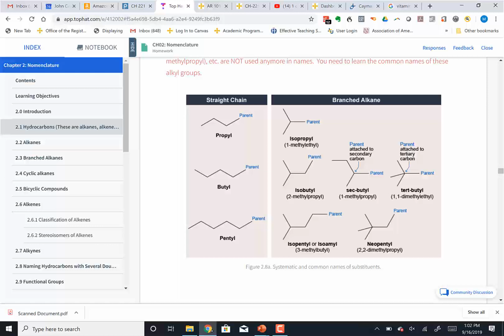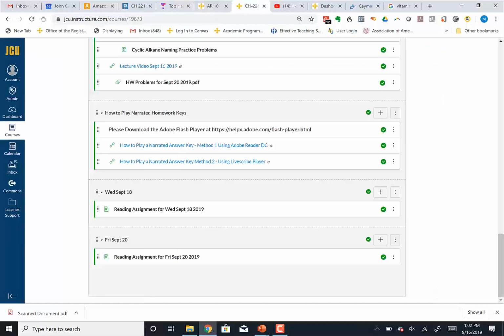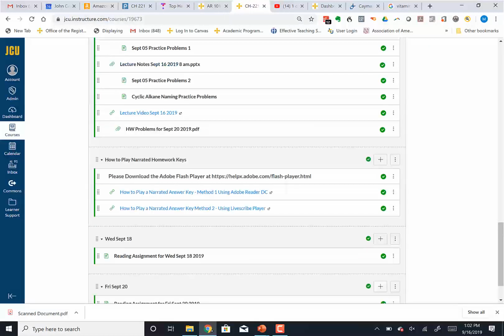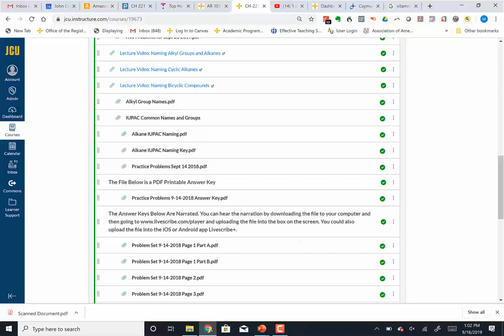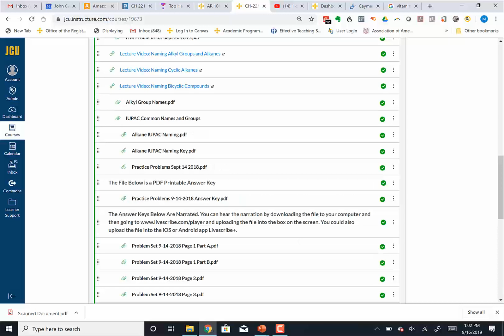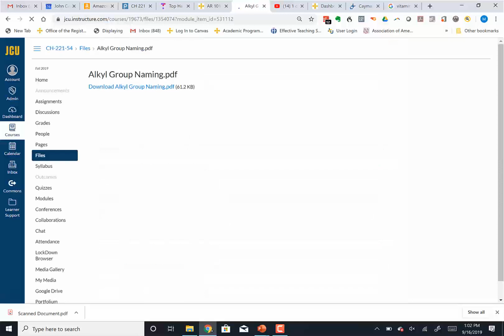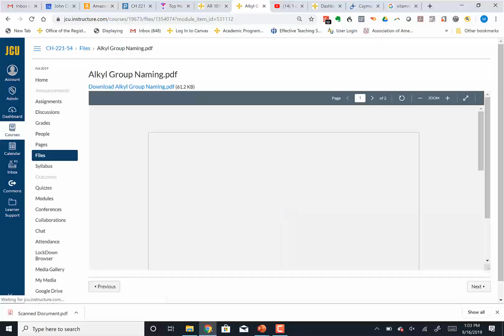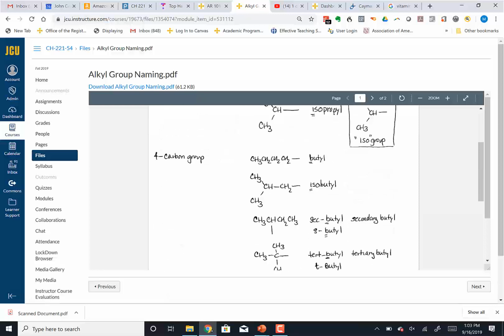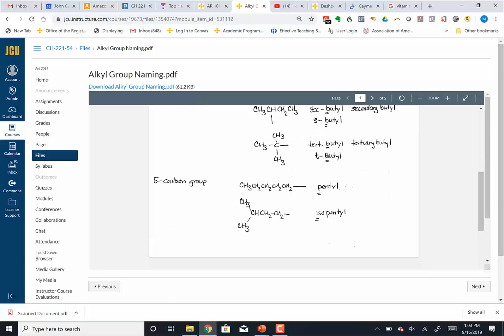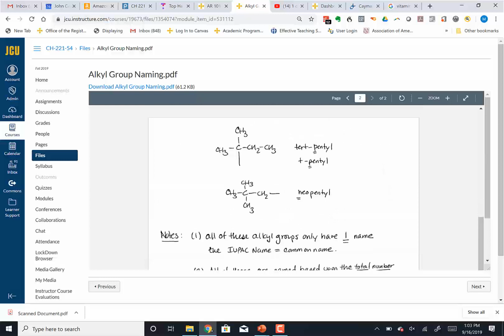And if you go to Canvas for today, there is an alkyl group names link that you can click on, and it has a handwritten sheet by me that has all of the alkyl group names that you need to know.